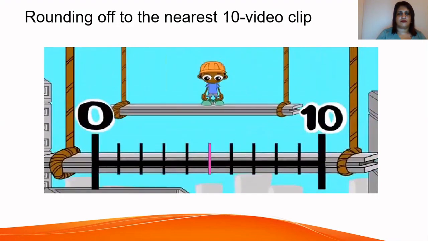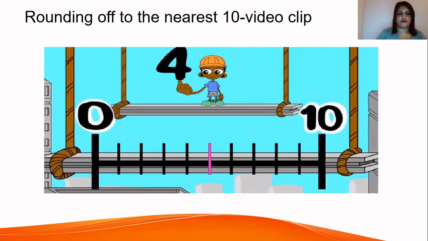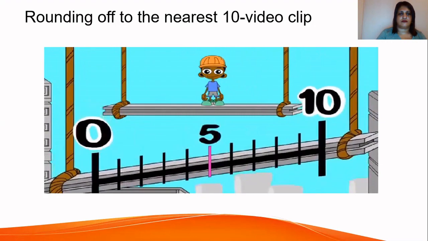Sometimes the nearest 10 is 0. Let's round 4 to the nearest 10. The benchmarks are 0 and 10. The midpoint is 5. 4 is less than 5, so to the nearest 10, 4 rounds down to 0.